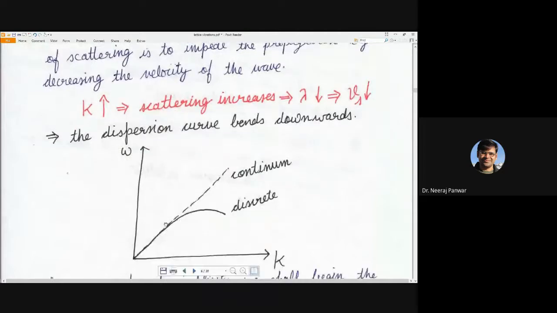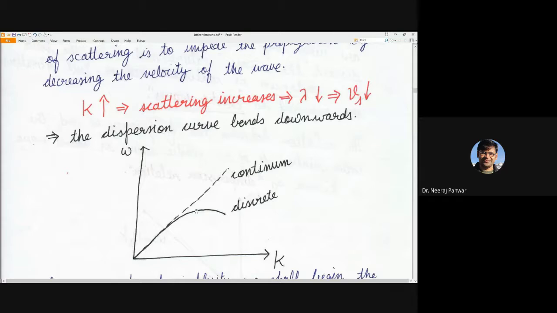So the dispersion relation under that case, you see k is increasing. As k increases, there is a deviation of omega from the relation we get when we consider the solid to be a continuum.